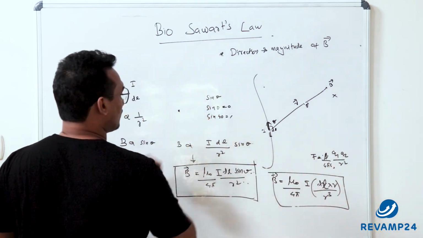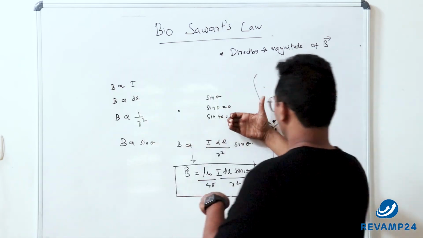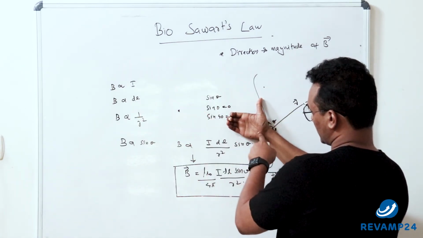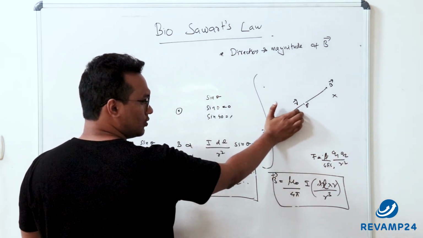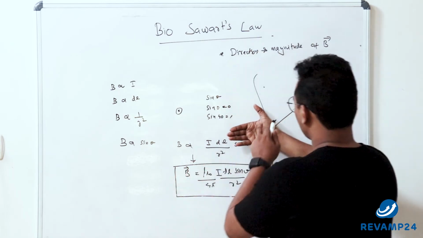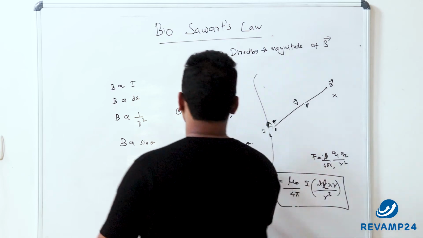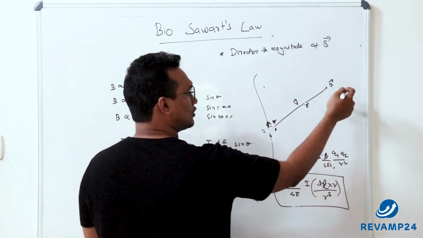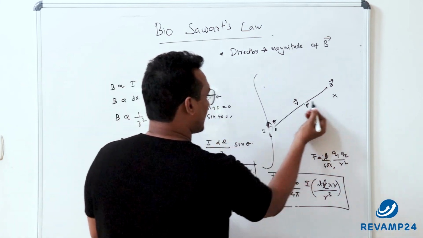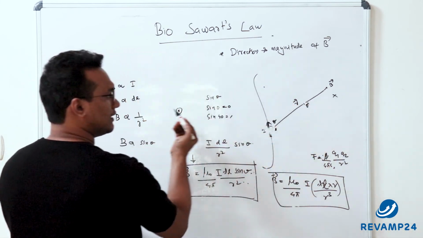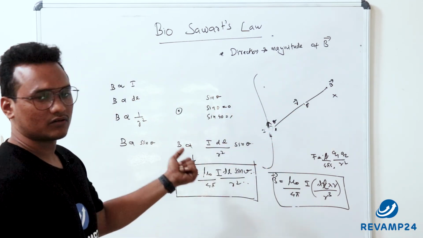At the same time, if you are calculating at another point, I have to keep it this way, so this becomes my position vector coming out here. Here when I am keeping my thumb, this direction is towards me, so here you can see into the plane, and here coming out. In the second lecture I told you the magnetic field will be in a circular way around a current carrying conductor. Make a note of it.